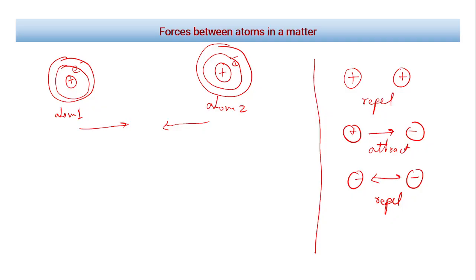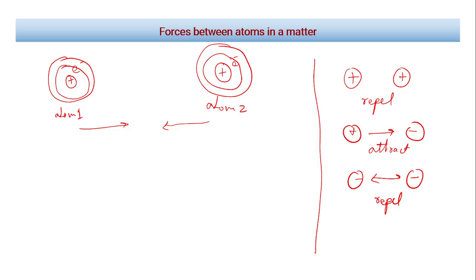But just for understanding, if I bring them close together, then the negative charge of this electron and the negative charge of the second electron, if they're far apart, nothing is going to happen because the range is not that much.